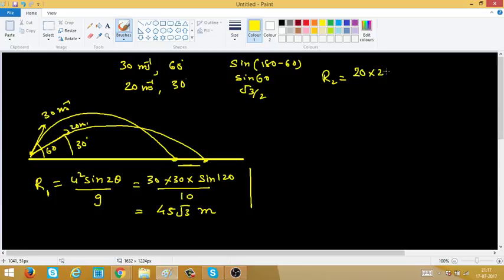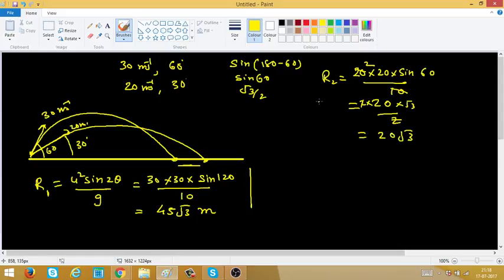Velocity is 20, so 20 into 20, sine of 2 theta, so sine of 60, divided by 10. And if I solve this, what do I get? Sine 60 is root 3 by 2, so 2 into 20 into root 3 by 2, the 2 is gone, so I get 20 by root 3.